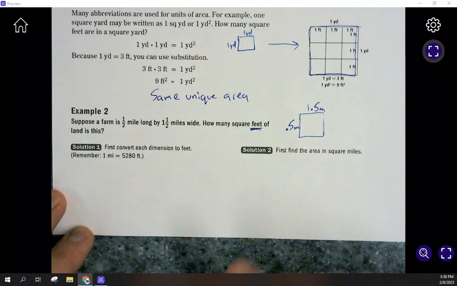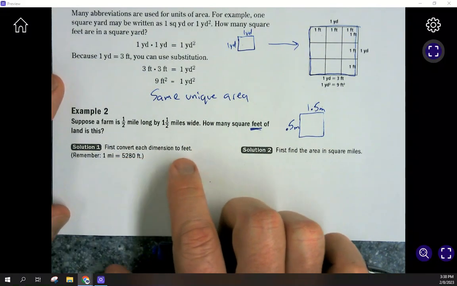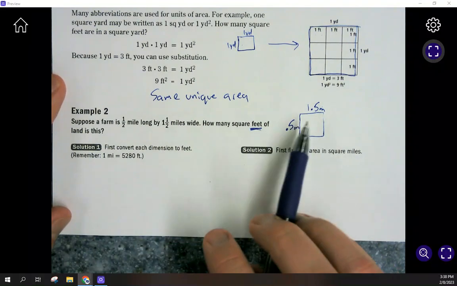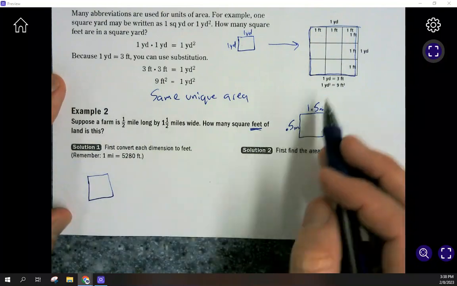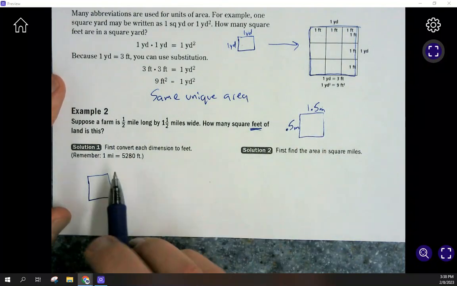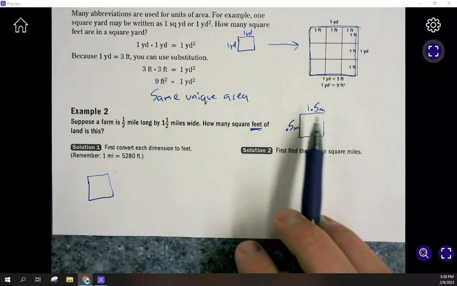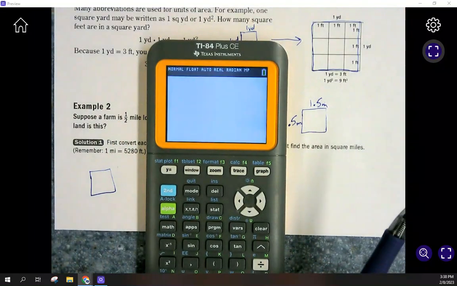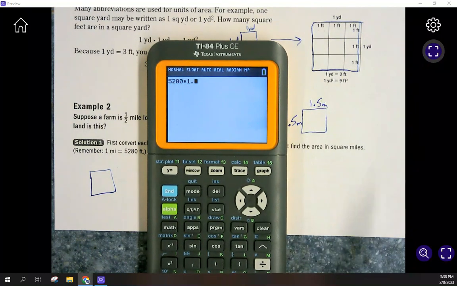So there's two different ways to do this that we're going to look at. So for solution 1, we're going to convert the dimension to feet first. So we're going to take this picture, and instead of writing it in miles, we're going to write it in feet. So 1 mile is 5,280 feet. So 1.5 miles, we're going to take 5280 and we're going to times it by 1.5.